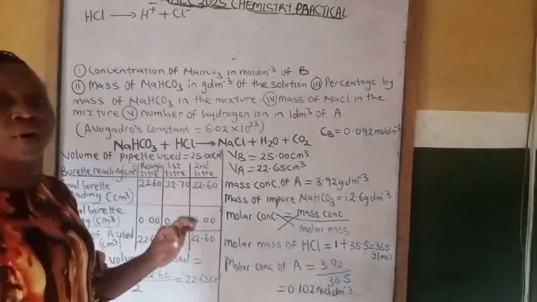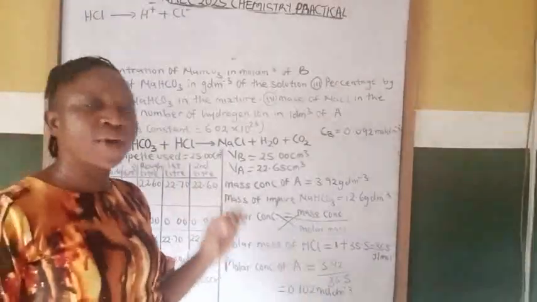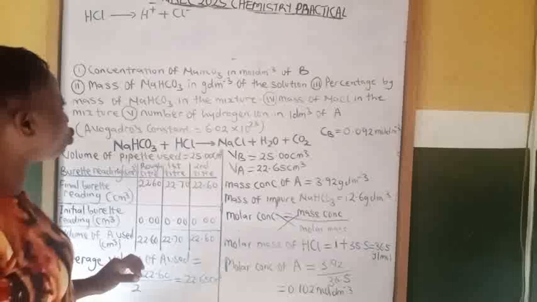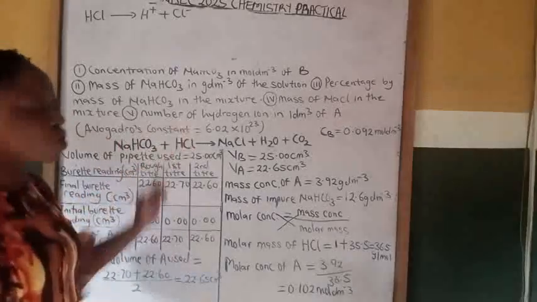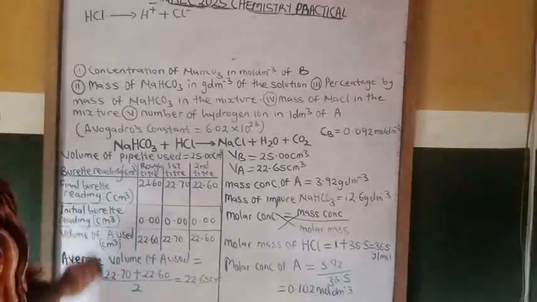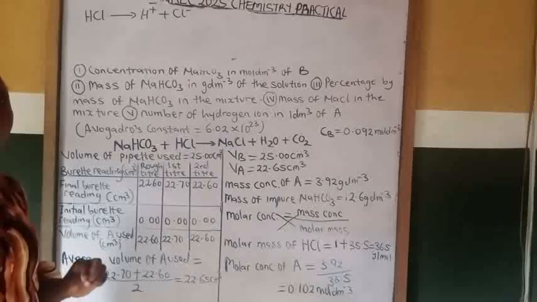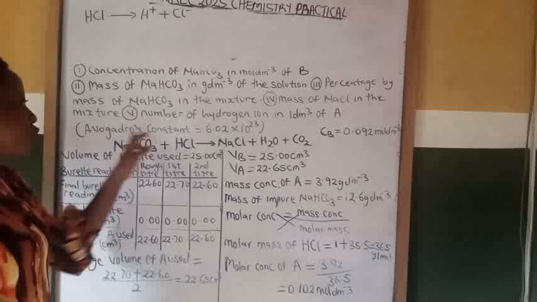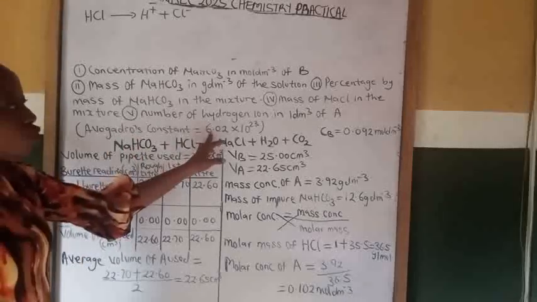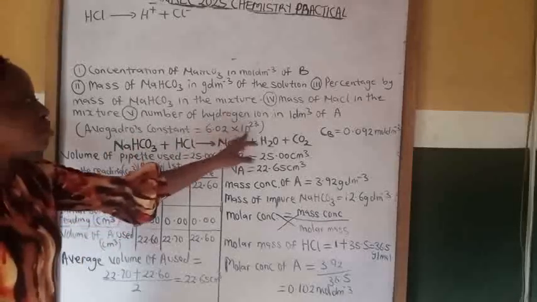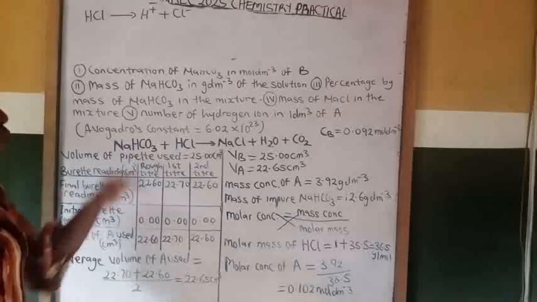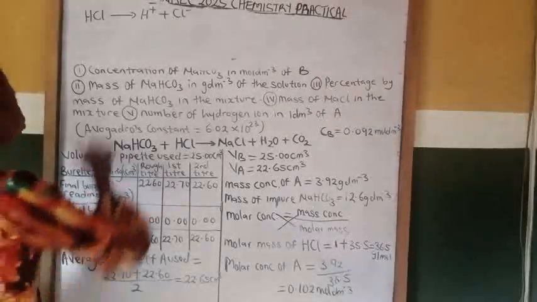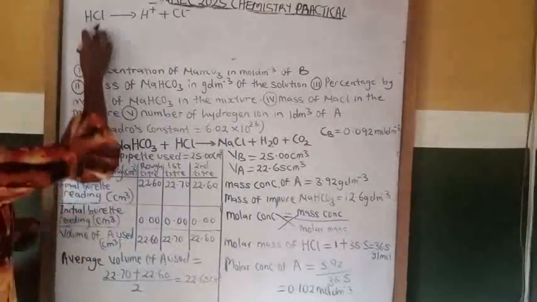Then 1 mole of any ion or molecule is equivalent to Avogadro's constant, which is 6.02 times 10 raised to the power 23. It will be given in the question. So we are going to come back to this ionic equation now.